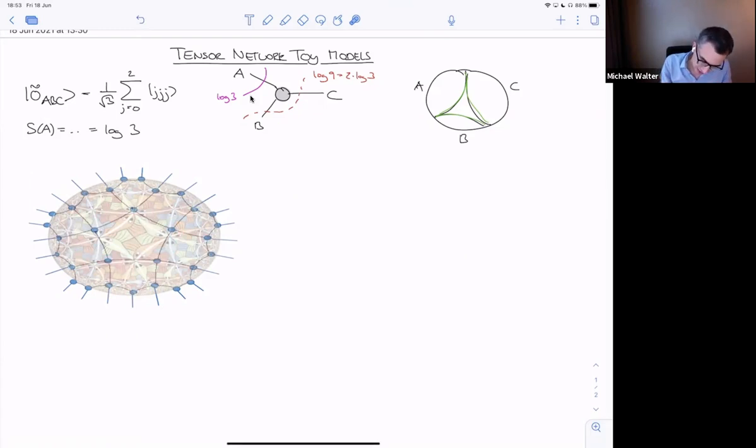But the only dangling legs are here at the boundary. They form a one-dimensional system. So this picture describes a state of a quantum system on a discrete circle, right? And that's this one over here. Those are the only dangling legs. Everything else is being contracted in this network.